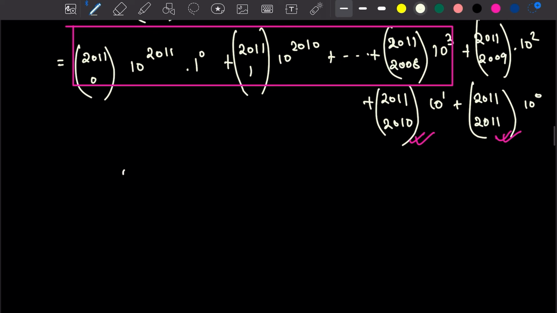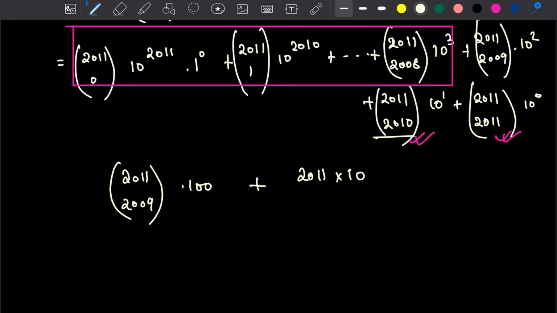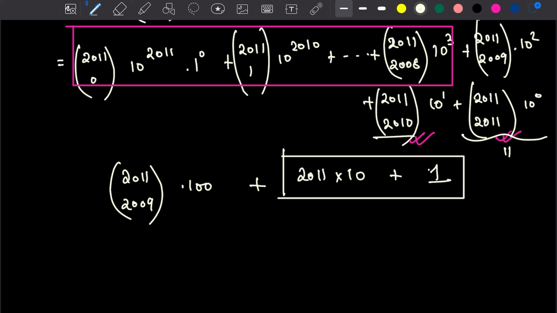Well, we have 2011 choose 2009 times 100, plus 2011 choose 2010, which is just 2011, times 10, plus 10 to the power 0, which is just 1. So if you just add these last two up, it will be 20110 plus 1, so 20111.